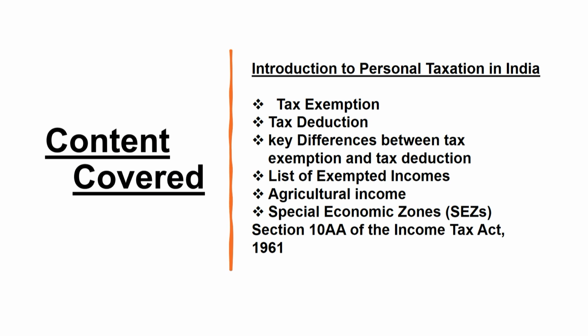We'll also discuss the list of exempted incomes that must be taken into account for calculating the total taxable income of the assessee, and the various aspects related to one of the exempted incomes, that is agricultural income. There we'll understand the calculation and tax liability related to the agricultural income of an individual.